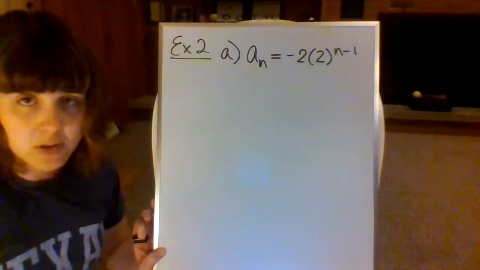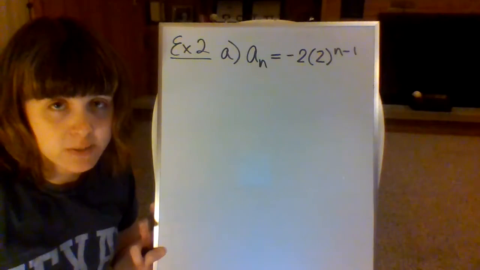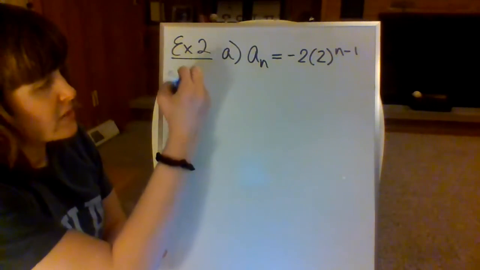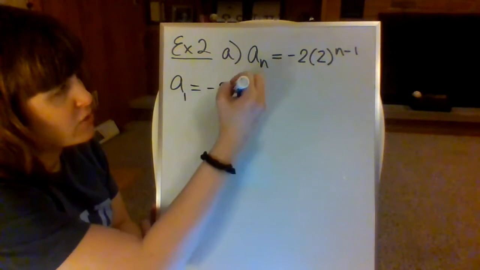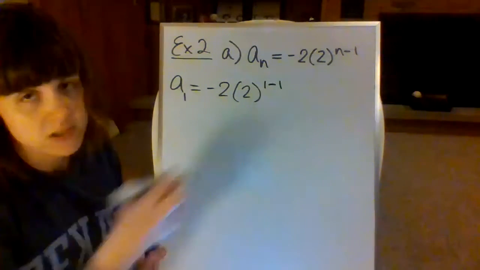Alright, so we're going to plug in the numbers 1, 2, and 3 to find the first 3 terms of this sequence. Alright, so A1 is -2 times 2 to the 1 minus 1.